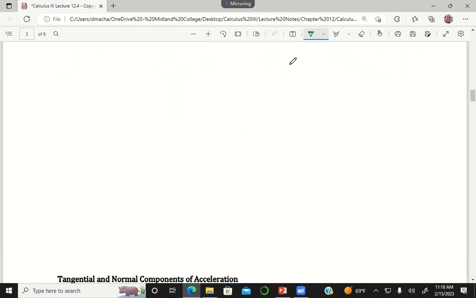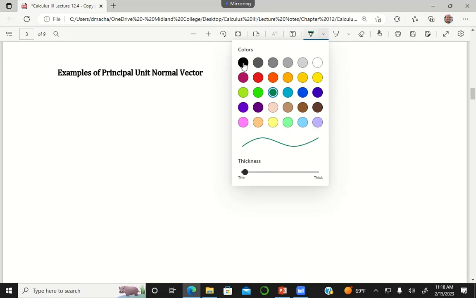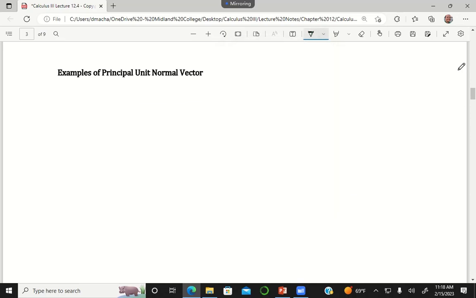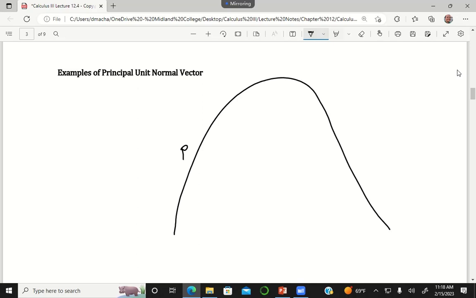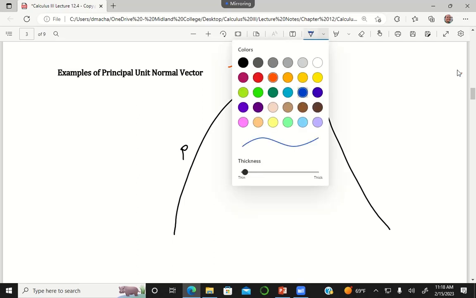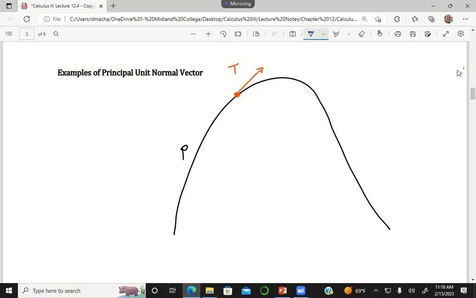So I'm going to try to draw a picture. We'll see how it goes. Here's some curve P. And here is some tangent vector, capital T. Let's say that the second derivative of P looks like this. It's like P double prime.